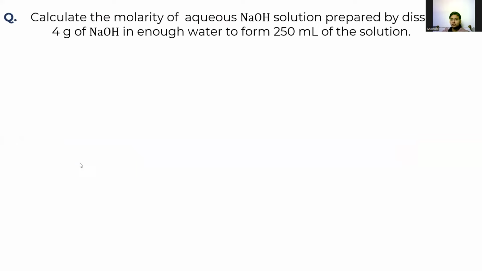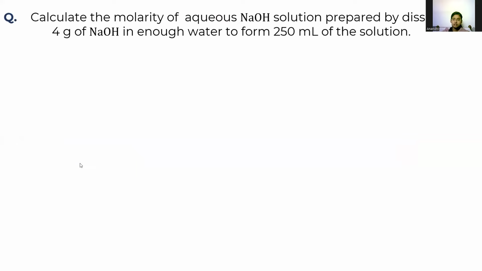Calculate the molarity of aqueous NaOH solution prepared by dissolving 4 gram of NaOH in enough water to form 250 ml of the solution. By looking into the question, the first thing you need to do is take down all the given values.